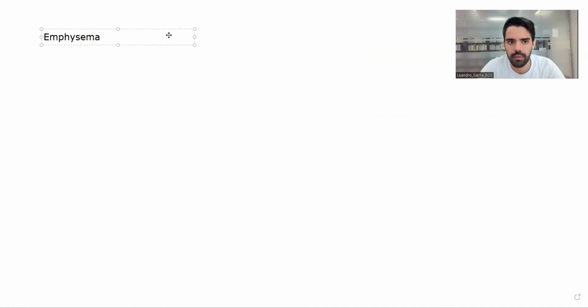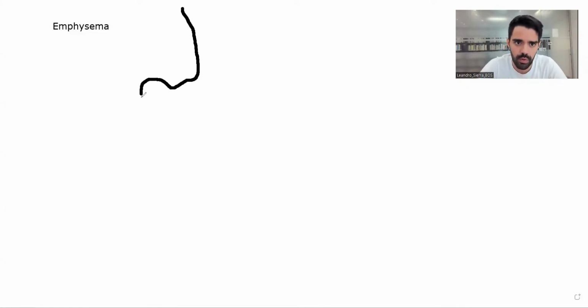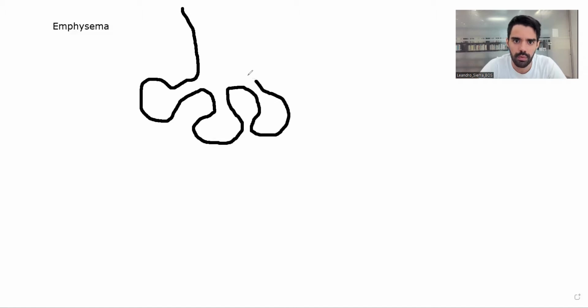There are many pathophysiologies, at least two different ones. So emphysema could be drawn the same way. We can start with airway, bronchioles, alveoli, bronchioles again, alveoli, bronchioles again, alveoli, bronchioles, bronchi, and we're done.